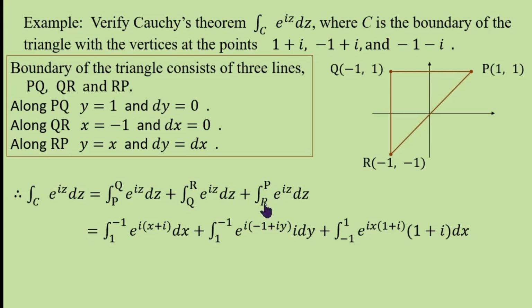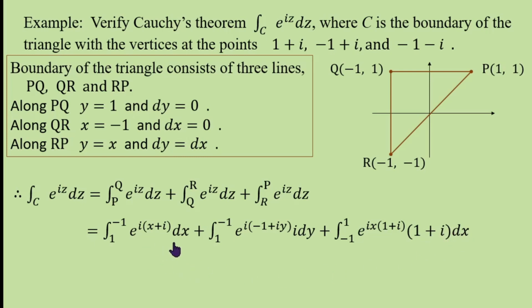From R to P means x varies from minus 1 to 1, and y equal to x, therefore z is nothing but x plus iy, y is x means x plus ix, take x outside, so 1 plus i, so e power i x into 1 plus i, and dz is dx plus i dy, but dy is dx, take dx outside, 1 plus i into dx.